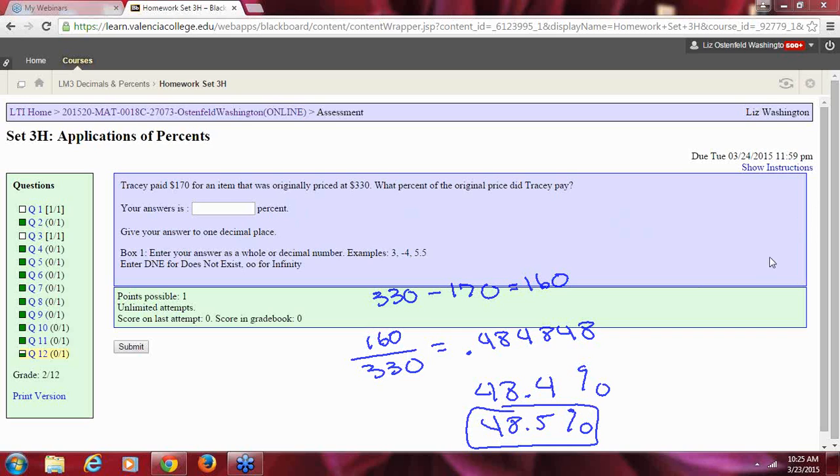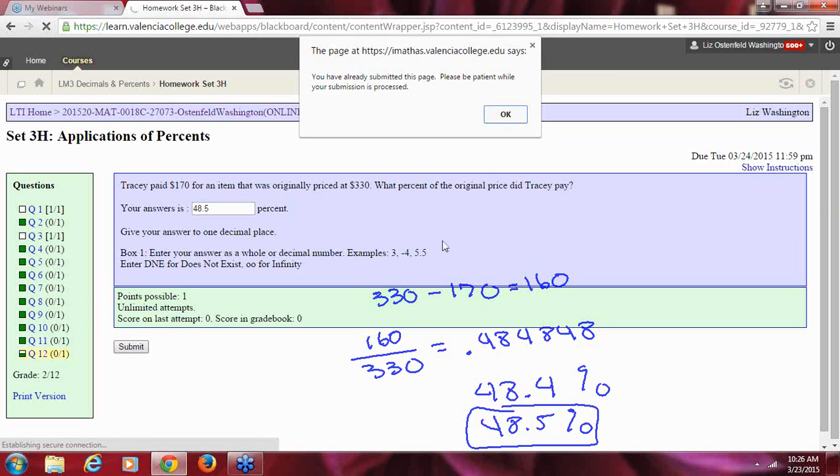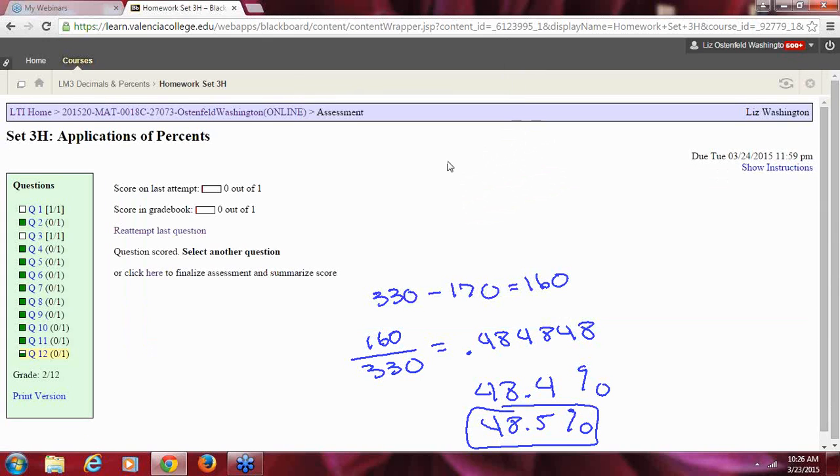I'm going to have to pause the screen again and go in the background and see what's happening. Pointer. 48.5. Come on. Oh. Nope.